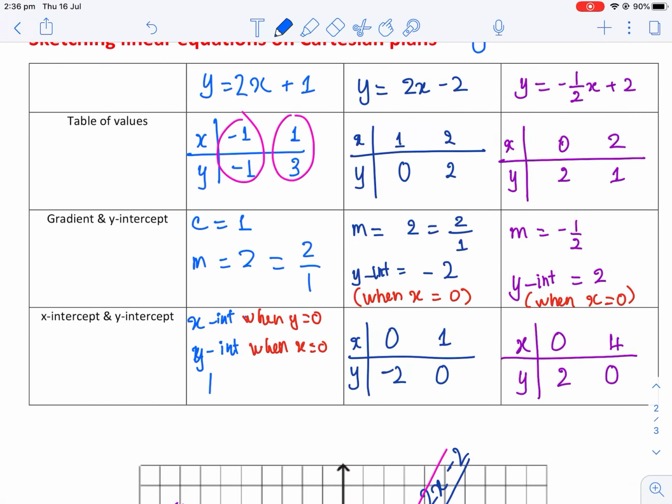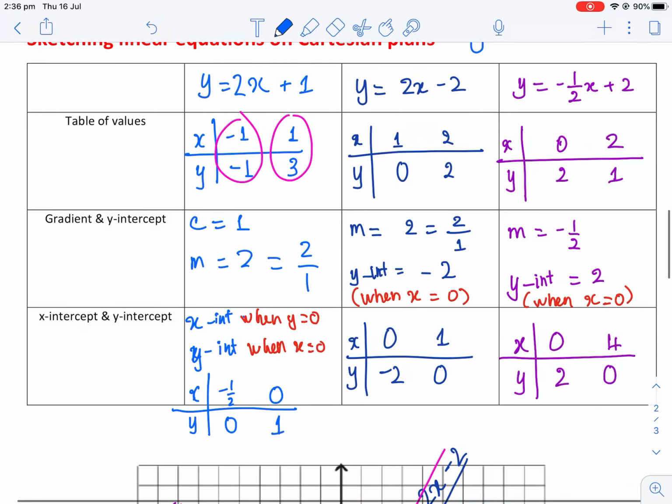So simply you just make it look like a table of values, x and y, and then for the x-intercept, y equals 0, and for the y-intercept, x equals 0, and from here you find the remaining value. So if y equals 0 here, then x is going to be equal negative 1 over 2. And if x equals 0 here, then y equals 1.